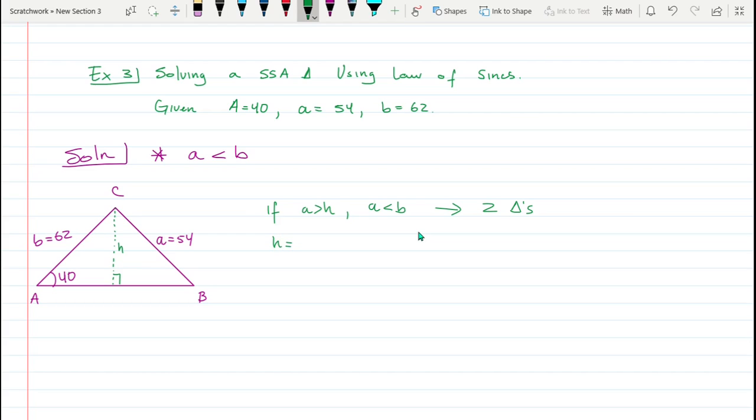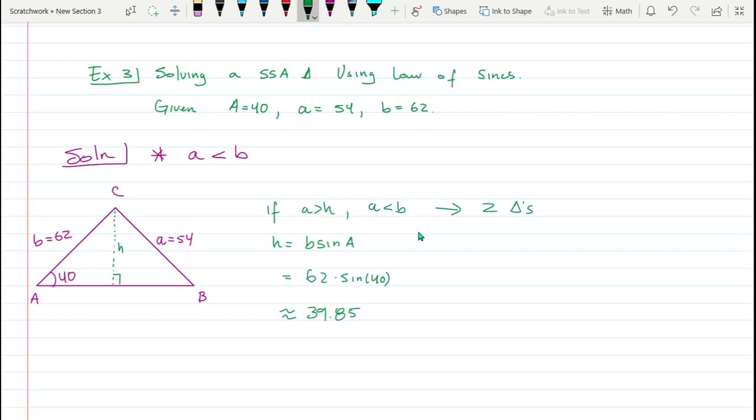H is given by B times sine of A. So 62 times sine of 40 comes out to be roughly 39.85.